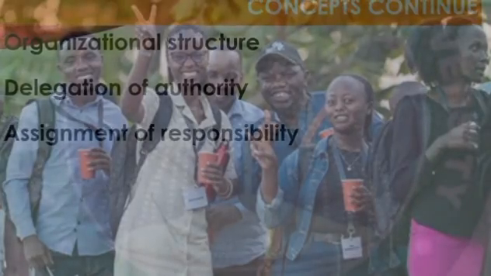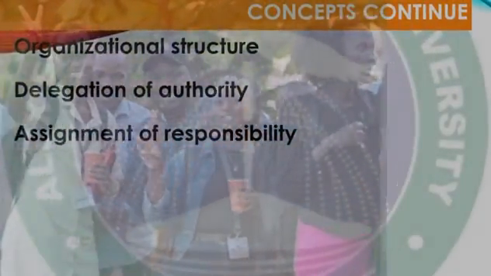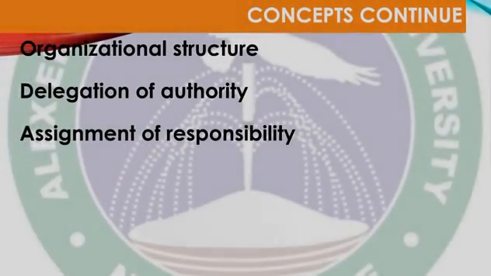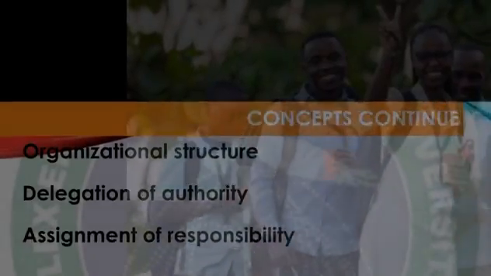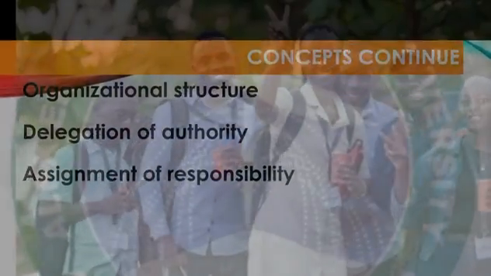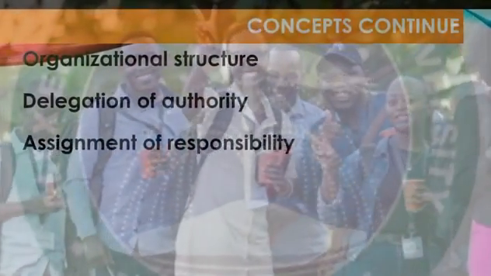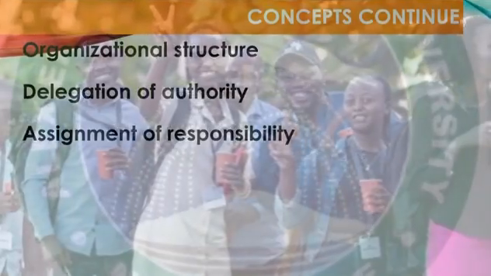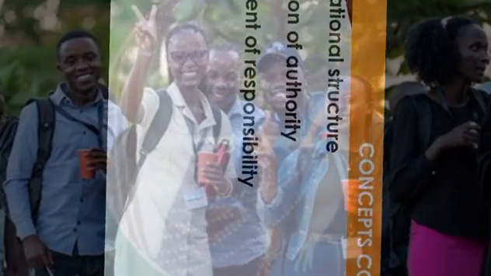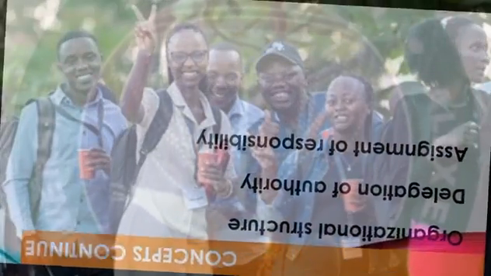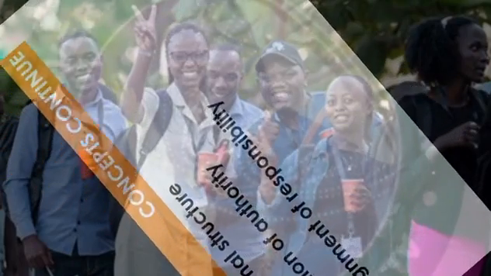Now, close to this is the assignment of responsibilities. In assigning responsibilities, officials are given different roles for which they are responsible. Now, let's differentiate delegation of authority from assignment of responsibilities. The principle of delegation of authority is that when authority is delegated, an officer must be in commensurate office, you know, in order to handle the responsibility assigned.